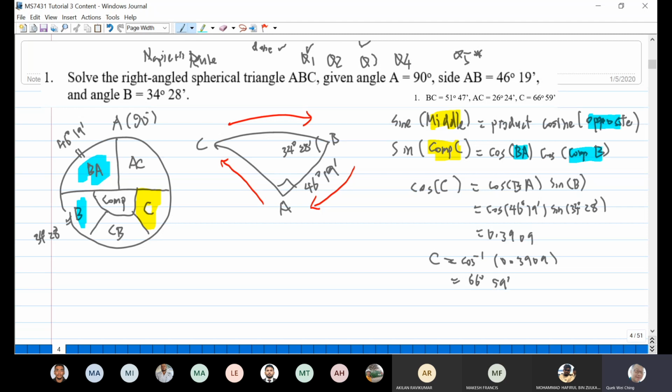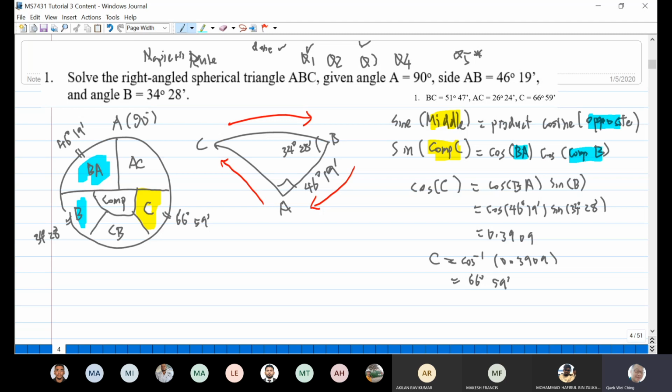This is C. When you press sine inverse or cosine inverse, you get only one answer. So this is actually 66 degrees, 59 minutes already. When you look at what you want to find, the first thing you can find is actually C. So find C first.